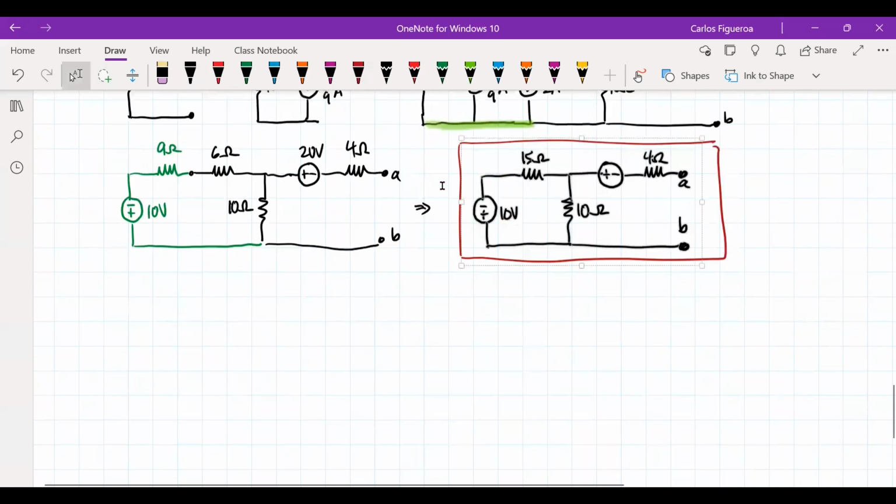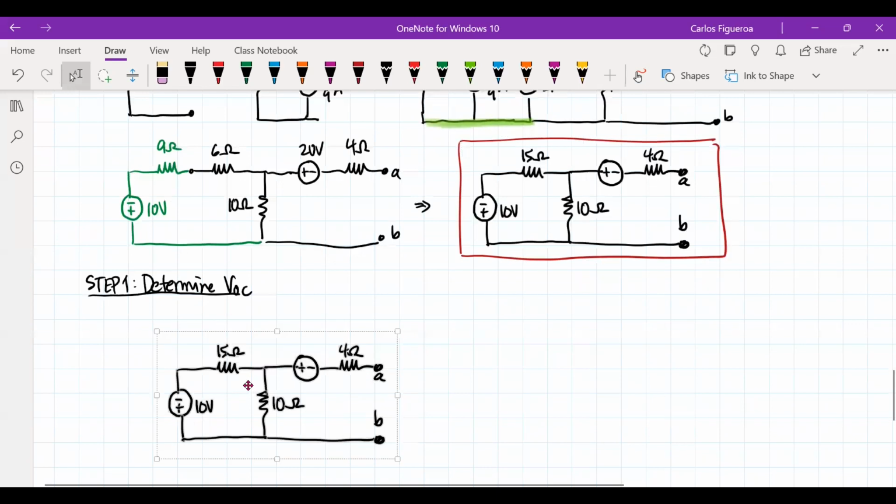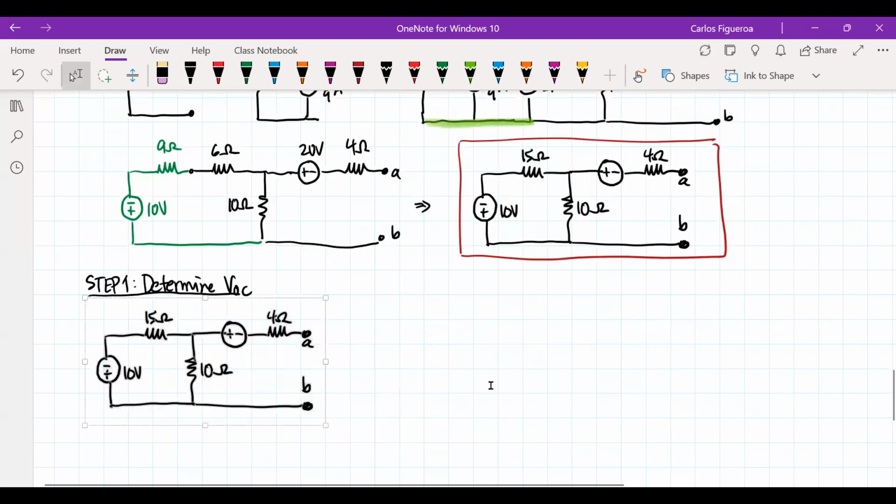So now what am I going to go do? I'm going to calculate VOC. This is the circuit I'm going to be dealing with right here.